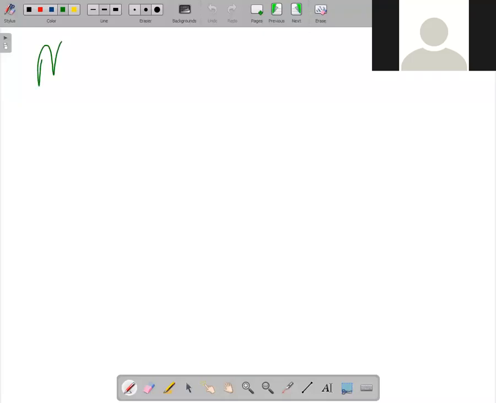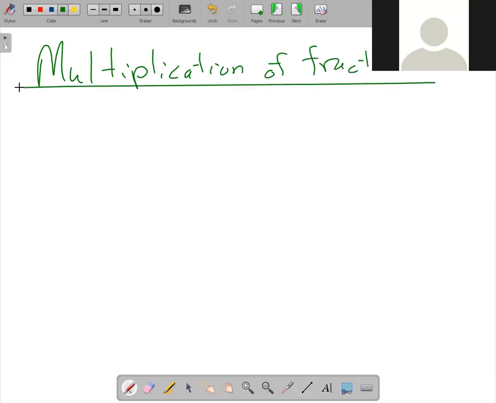Multiplication of fractions. So we know what fractions are. A fraction is an equal part of a whole. That's our most common definition.